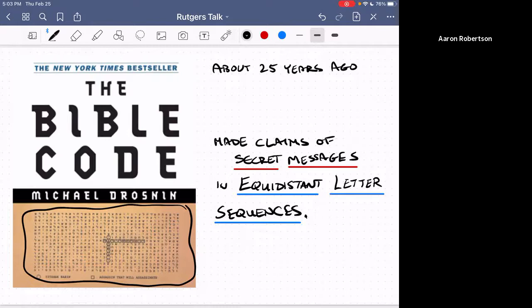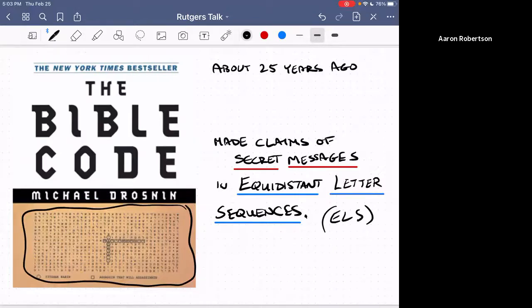And what he is claiming in this book is that there are secret messages in the Bible. So they were encoded into the Bible and predicted events that occurred. And his method of looking for these secret messages, he called equidistant letter sequences, or ELS for short.